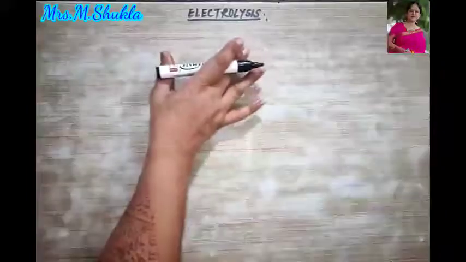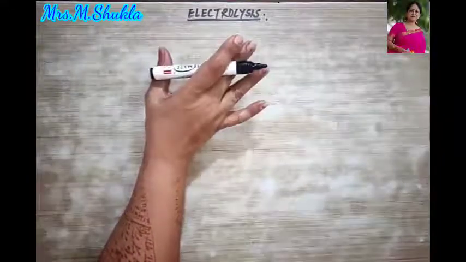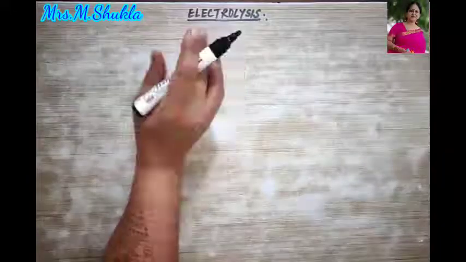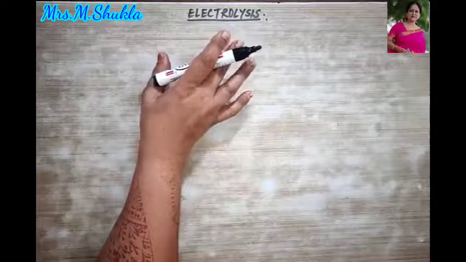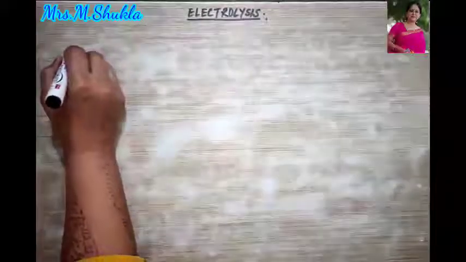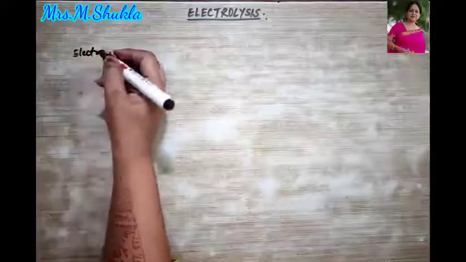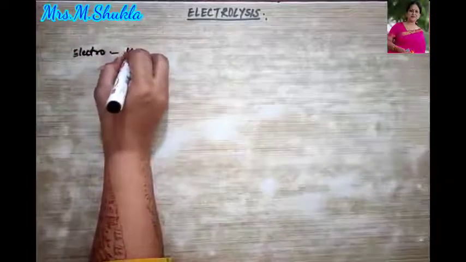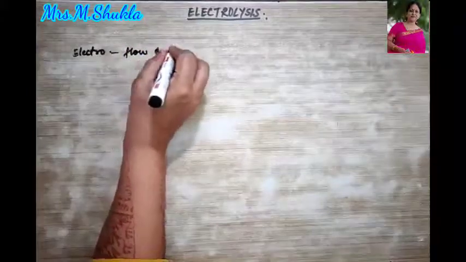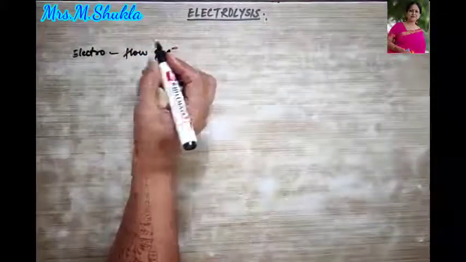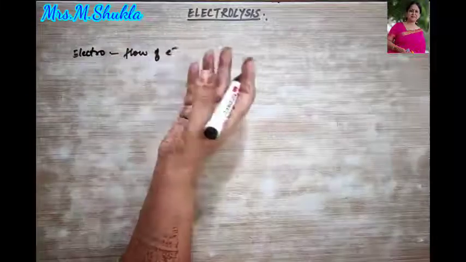Now, what does this word electrolysis mean, or how is it made? This word electrolysis is made up of two words. What are they? The first word is electro. This means flow of electrons, or electricity.